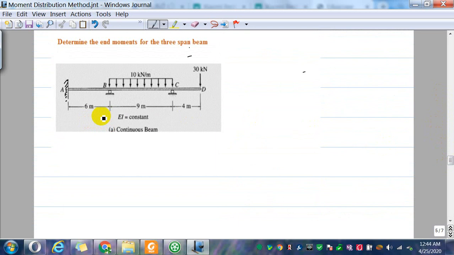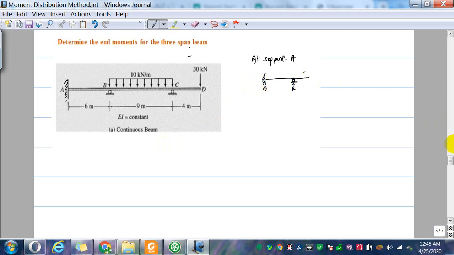Now if you look at this problem at support A, you have a fixed support and a member. This member AB is connected to a fixed support, and this is an internal pin, this is a fixed joint.